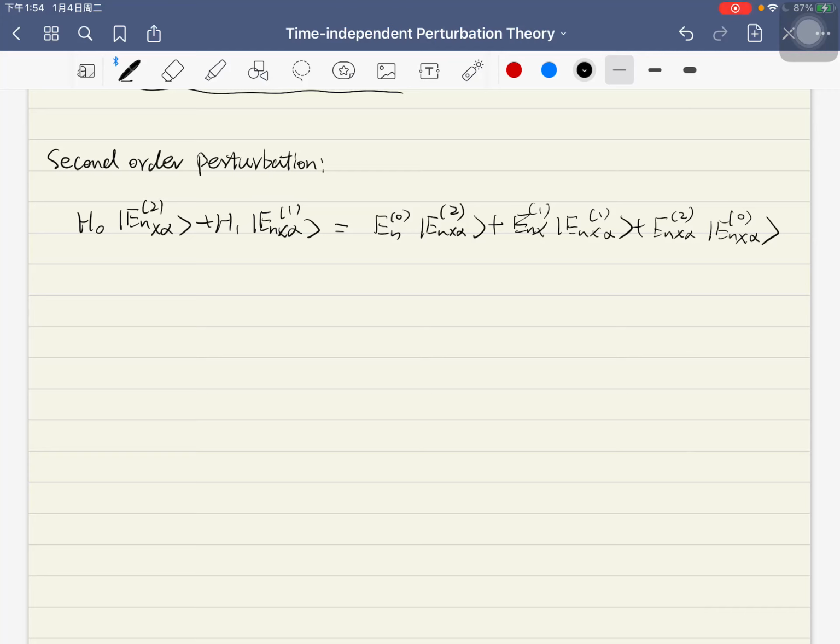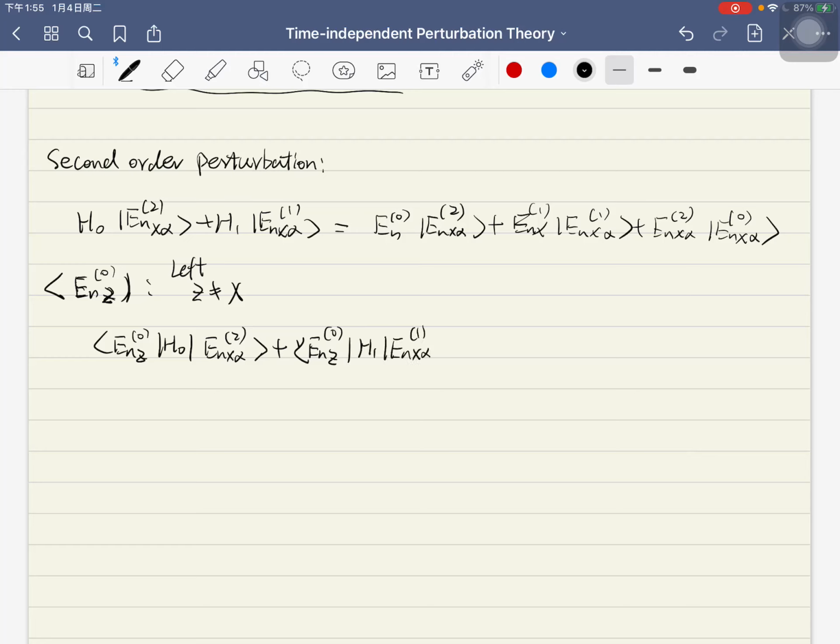First of all, we left act with the state <E_nz^0|, where z does not equal x.